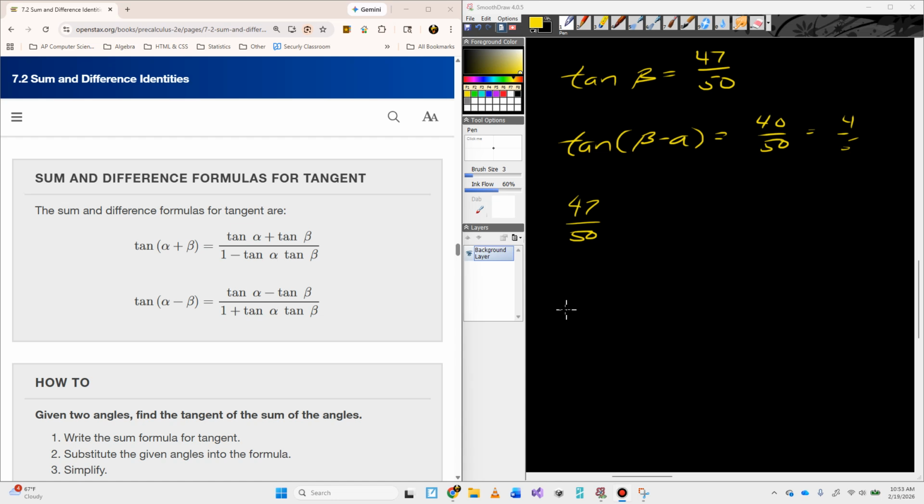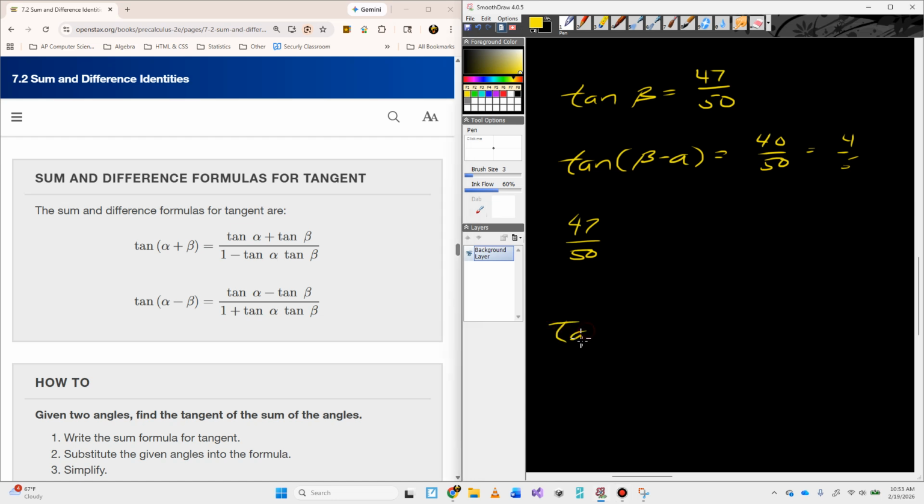So the tan of beta minus alpha is equal to tan beta minus tan alpha. Notice what I'm doing here. I'm being very careful because of what I've got written here. And that's going to be divided by 1 plus tan beta tan alpha. I have to switch these around, and I can do that.